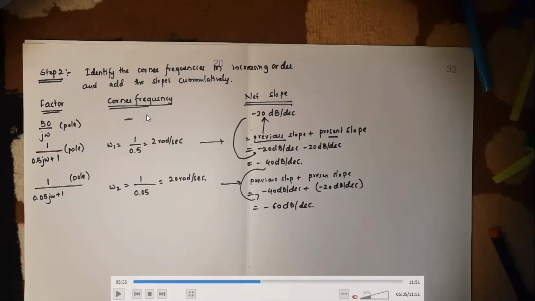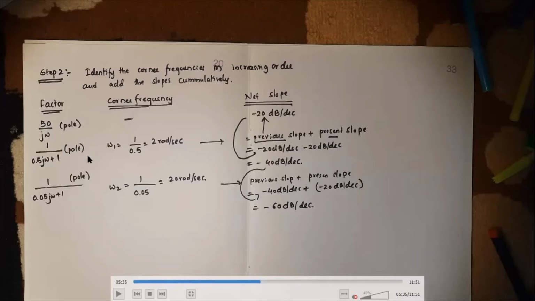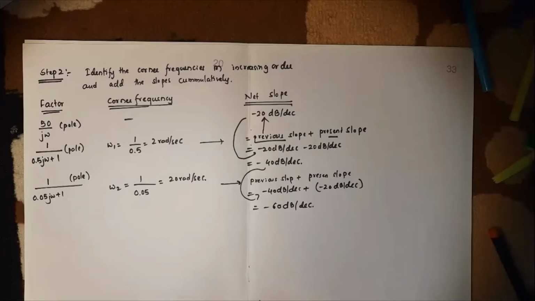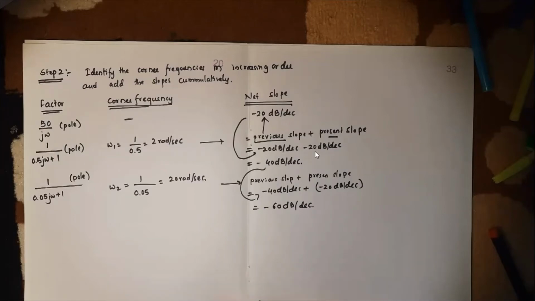Next, identify the corner frequencies in increasing order and name that particular factor, whether it is a pole or a zero, because it can be present in the numerator also, or in the denominator, in the given transfer function. But as of now, it is present in the denominator. Therefore, we have a pole and the corner frequency is 1 divided by 0.5, 2 radians per second. And the net slope is previous plus present. So minus 20 was previous, minus 20 is contributed by this. Therefore, it is minus 40 dB per decade.